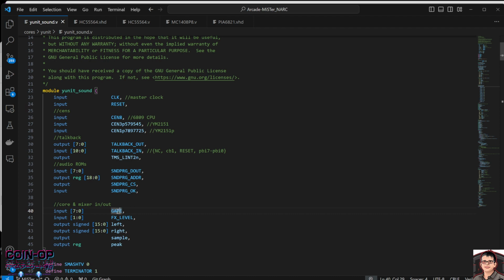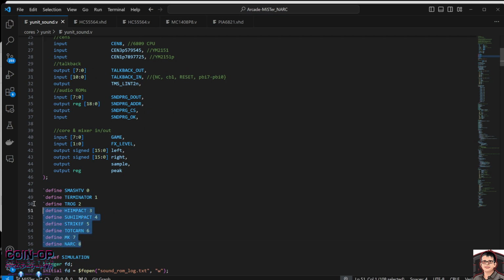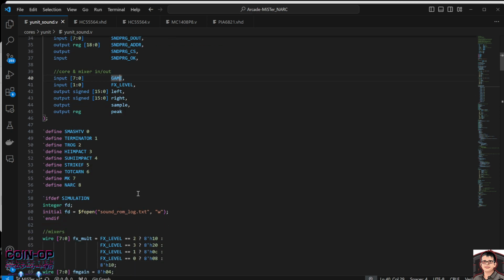So I have this game signal here, and as you can see, these are the games that I support. This game signal is actually in the MRA, and the MRA will send 1 byte at the start, which will set this game signal in the loader. There's a loader, and it will just configure itself.